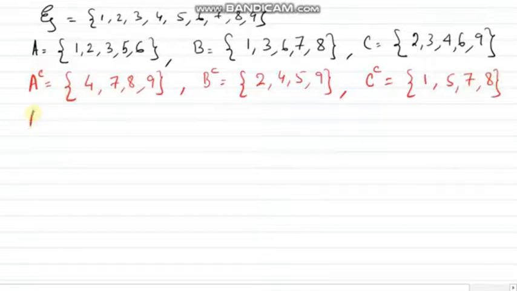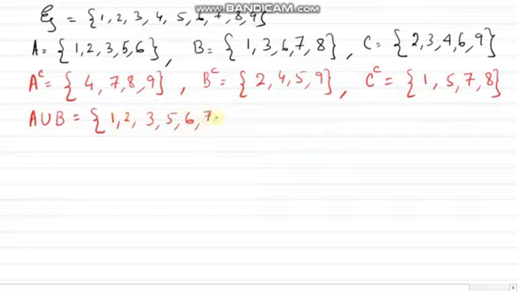Now A union B. A union B means all the elements of A and B, but as it is a collection of distinct objects, I am not going to repeat the object. So it will be 1, 2, 3, 5, 6, 7, 8. What will be B union C?